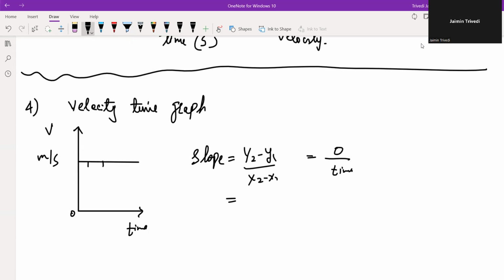That's what it means. It is moving with 40 only. It is not changing its speed. In short, it is not accelerating. Zero acceleration, meter per second squared.